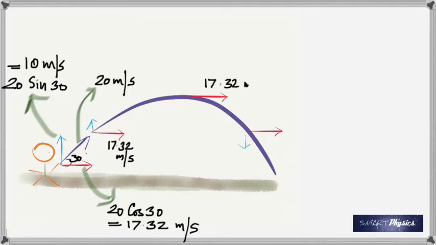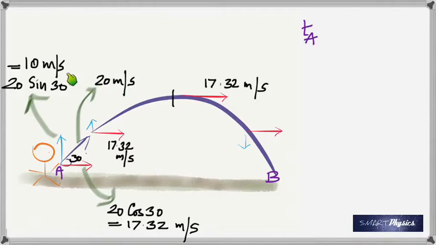But the vertical component is going to be acted upon by the gravitational force, and it's going to change. First, it's going to decrease, as shown in this diagram. As it goes up, it decreases, and at the highest point, the vertical component of the velocity becomes 0.